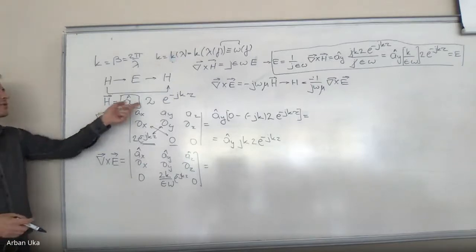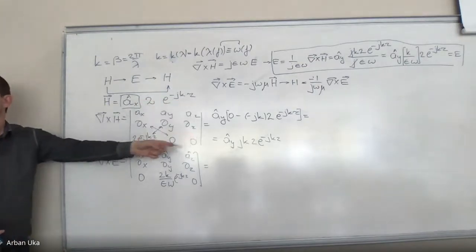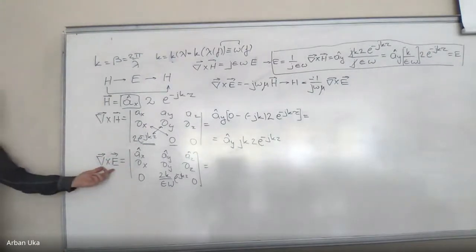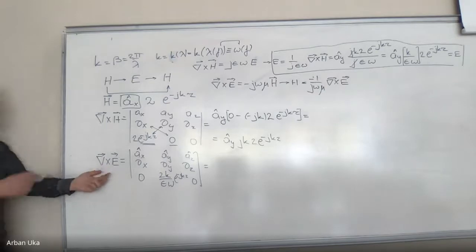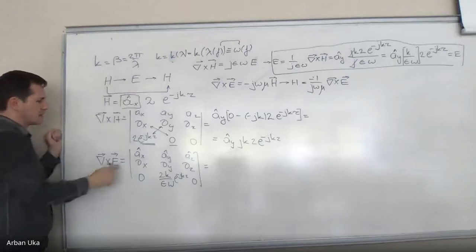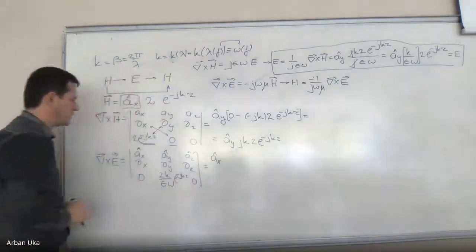It should also be perpendicular to z, so it should be ay, that's why I got ay. And here we have the e pointing along the ay, so the curl of this one should definitely be perpendicular to this. So this result will have a non-zero term only along the ax.